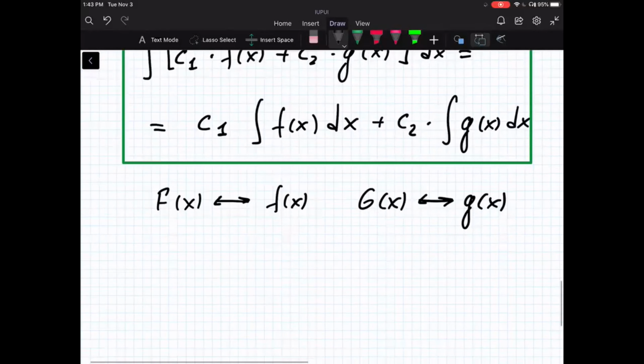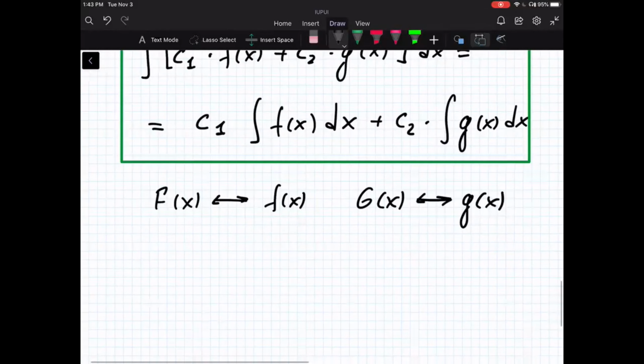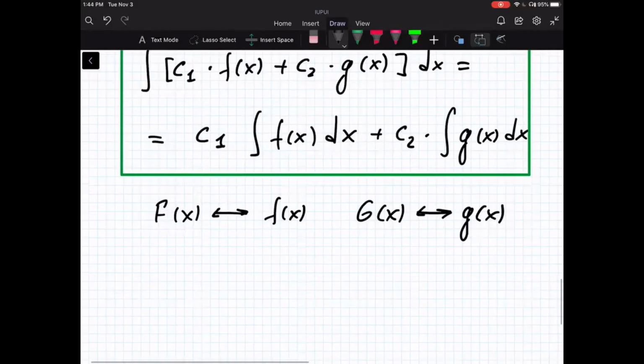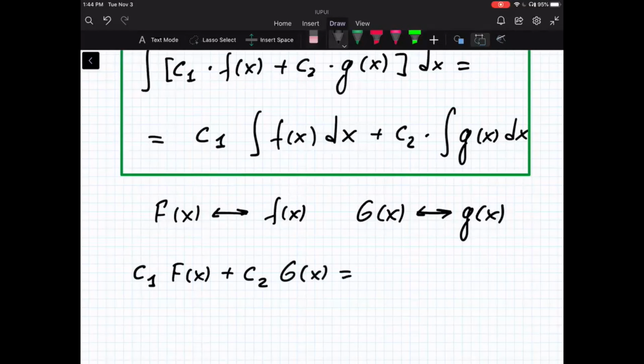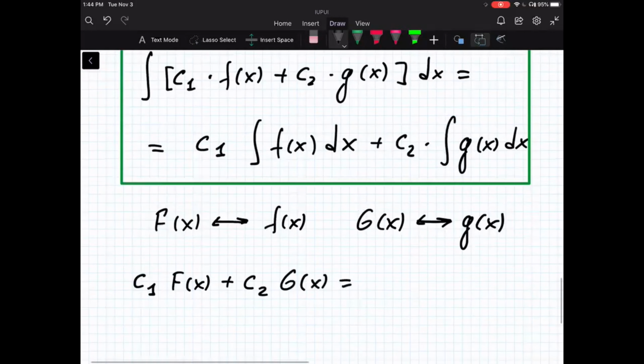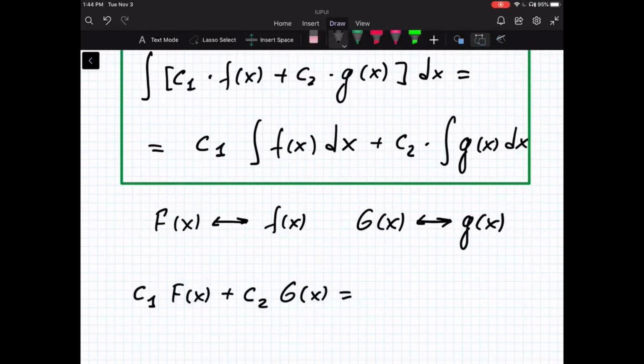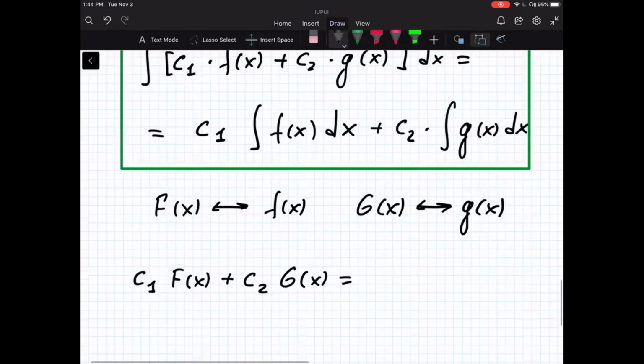Then what is written here, c1 F of x plus c2 G of x, is an antiderivative of the function c1 times f of x plus c2 g of x.